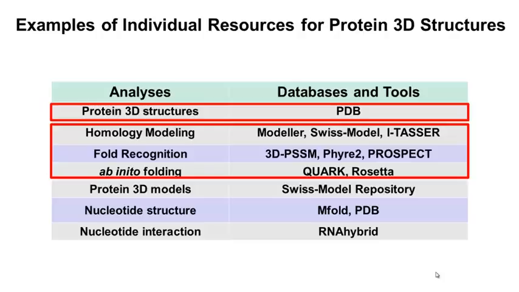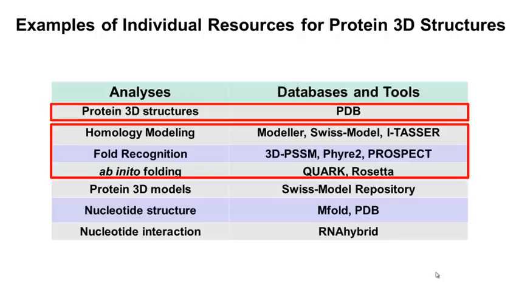Today, many prediction methods integrate homology modeling with fold recognition and no longer make clear distinctions between the two. Finally, there are new proteins which may have a completely new and previously unseen fold. For these proteins, you can only make model-free ab initio folding predictions by searching for possible folds in the fold space and calculating the free energy using methods such as Quark and Rosetta.